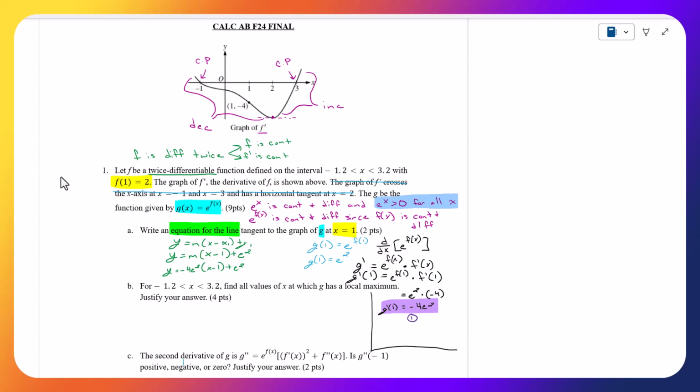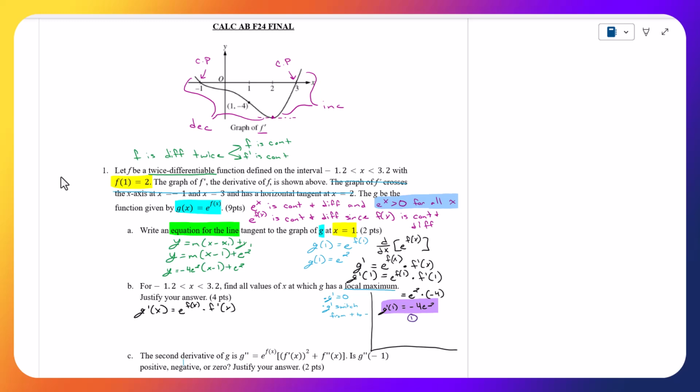So theoretically, you should have started with a point on this question, because you should have already started by saying that g prime of x equals e to the f of x times f prime of x. Okay, so we found that.